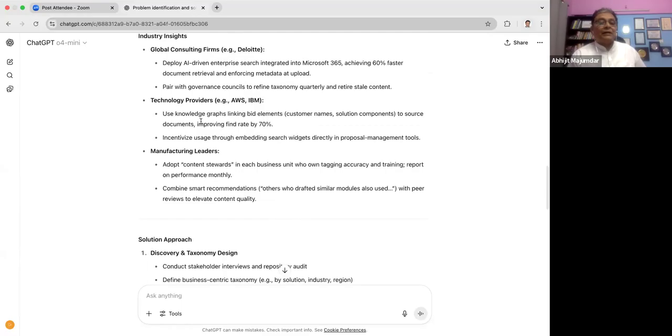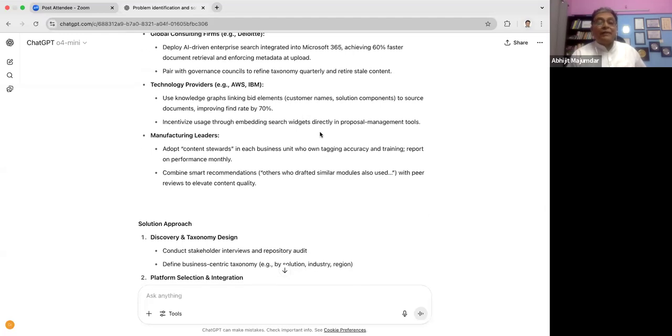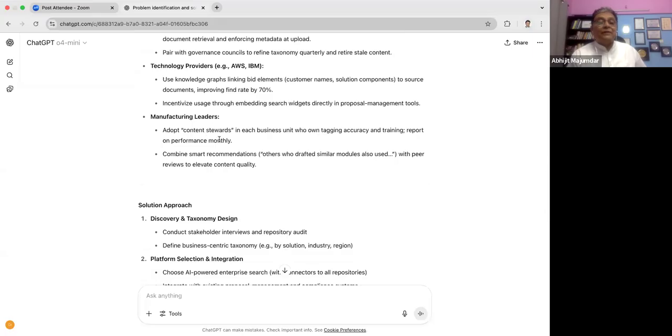Technology providers AWS and IBM use knowledge graphs between bid elements, and incentivize the use of embedded search widgets. Manufacturing leaders have content stewards. These are people who are responsible for the entire content. They are the knowledge management managers, the content stewards.